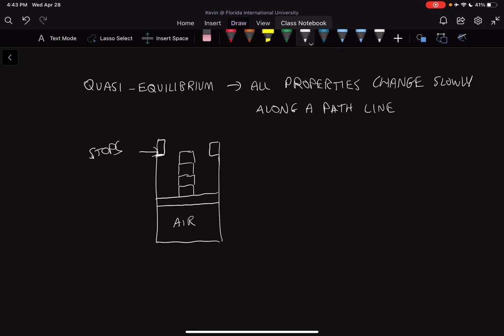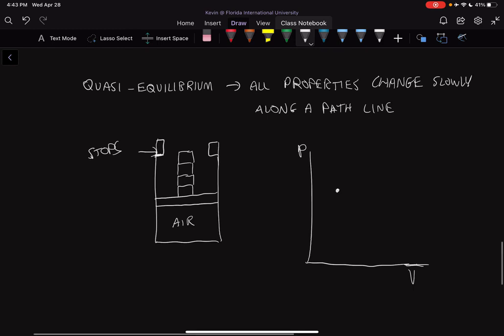Now, what happens if we look at a PV diagram now? Let's say we have point 1 here, with a high pressure and a low volume, so P1 and V1.